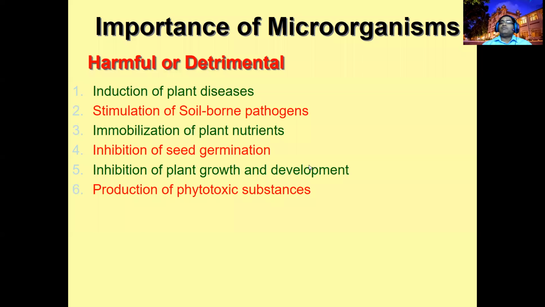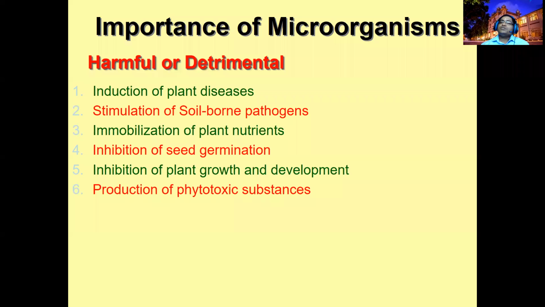Inhibition of the plant growth and development. This is under the disease, especially in the viruses. Right? Production of the phytotoxic substances. So this microorganism produces toxins. These toxins are phytotoxic. Right? Phytotoxic material. So these are the harmful or detrimental effects of the microorganism to the agriculture.